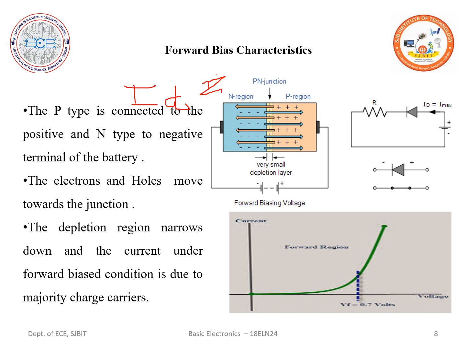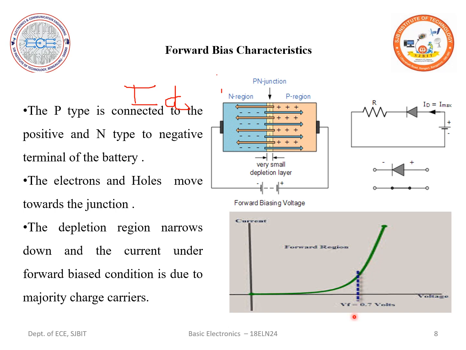The current is constituted mainly due to the majority charge carriers. When we plot the characteristic curve of current versus voltage, till it reaches the threshold voltage, there is approximately zero current. Once it reaches the threshold voltage, there is a forward current.